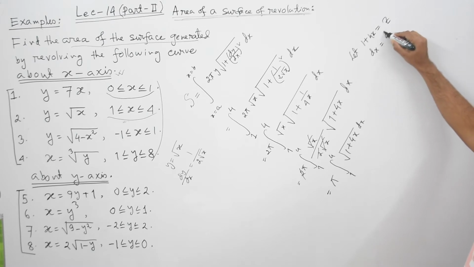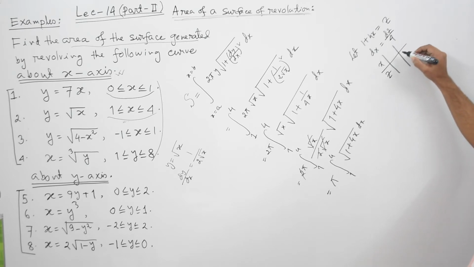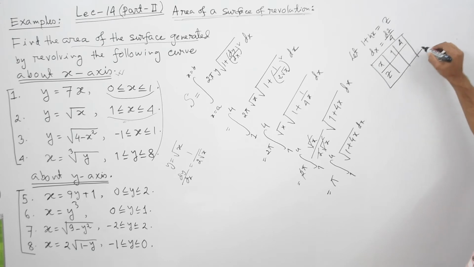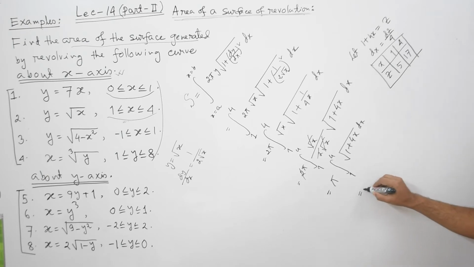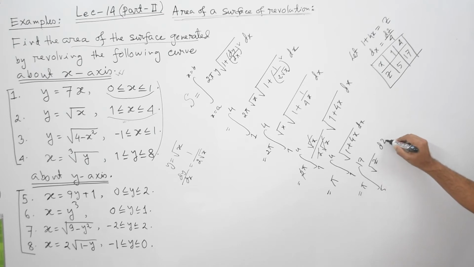So dx will be dz by 4, and the corresponding values of z will be 5 and 17. So this integral becomes 5 to 17 root z dz by 4.